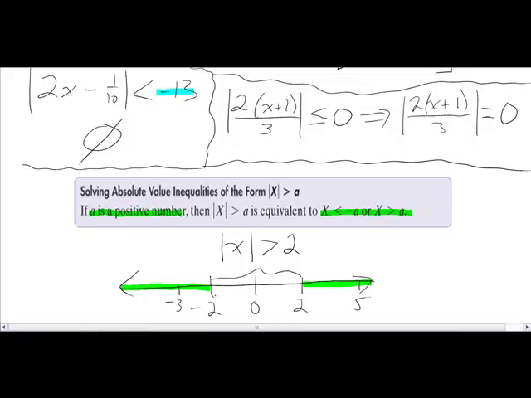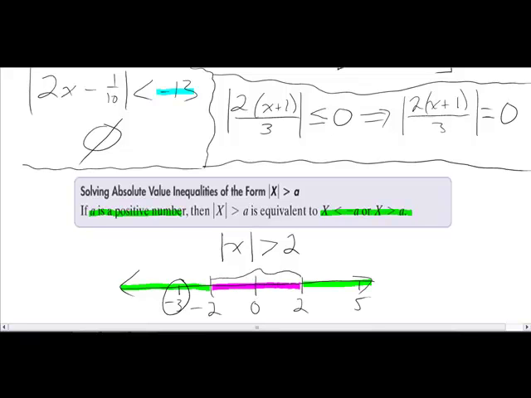If I pick negative 3, if I were to choose this point right here, that has an absolute value of 3, which is bigger than 2. So you can see any point in these green shaded areas is going to satisfy this inequality. Whereas when we had a less than symbol, we would have wanted all of these points in here, the purple points.